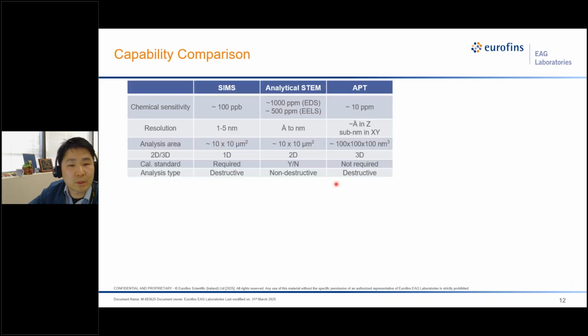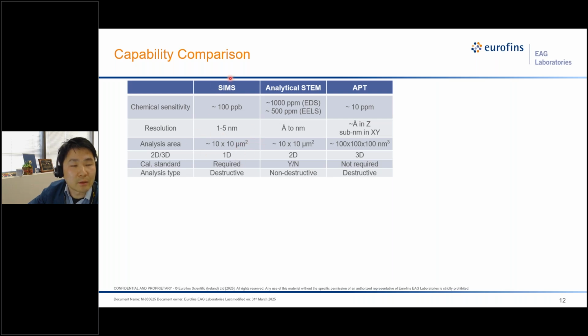So this table summarizes the differences between the three techniques. The first one is SIMS, which is recognized as the most sensitive elemental and isotopic analysis, and can achieve part per billion sensitivity. With the dynamic SIMS mode, it combines high chemical sensitivity with nanometer depth resolution, and the typical area analyzed is 10 by 10 micrometer squared.